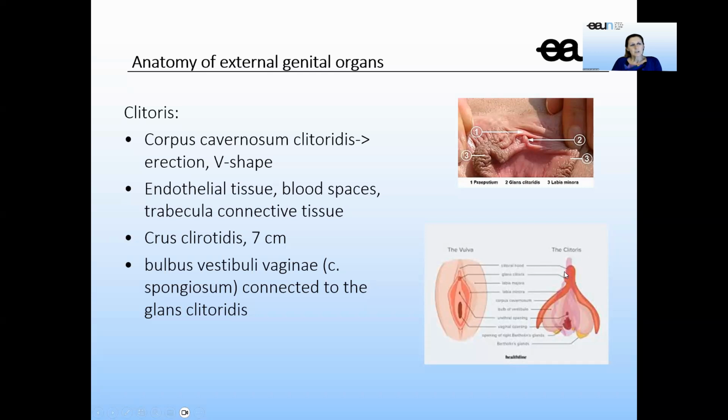And when you compare it to the penis of a man, the clitoris is actually the glans, the most distal part of the penis, and therefore it's very sensitive. The whole organ is about 7 centimeters long, so it's much longer than what you actually see on the outer side of the body.